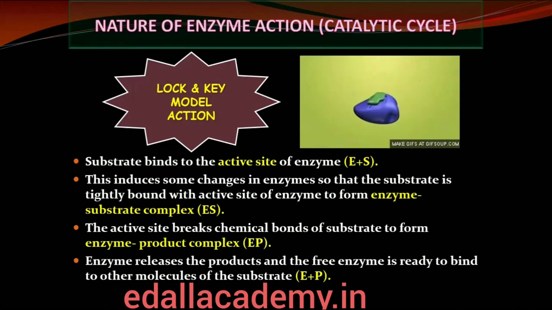The formation of the ES complex is essential for catalysis. Try to remember, enzyme binds with substrate to form enzyme substrate. Then enzyme substrate can be converted into enzyme product. Then enzyme and product both are released from one another.